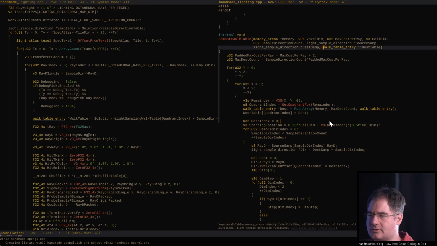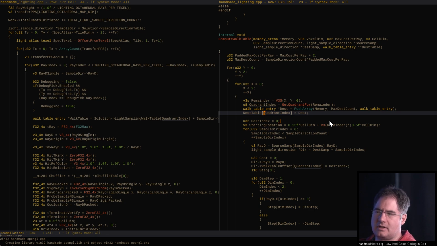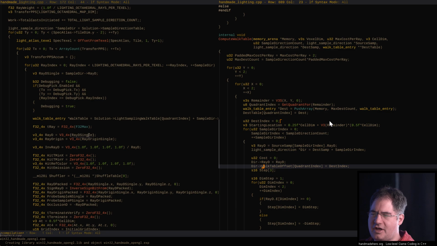Actually, wait, no. I'm wrong. So we do actually create a different table for each quadrant. But the walk table offset's going to be wrong.